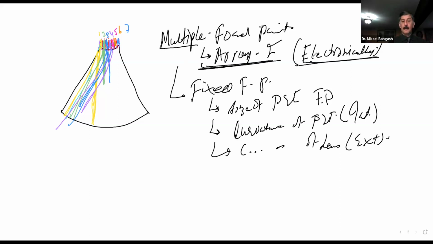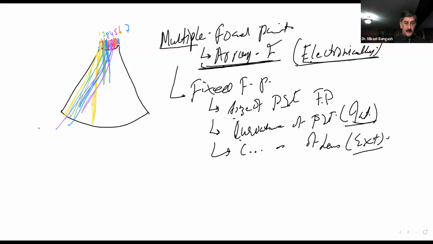Whereas if we had fixed focus, it could be the size of the PCT, or the curvature of the PCT, which was an internal focusing, or the curvature of the lens, which was an example of external focusing.